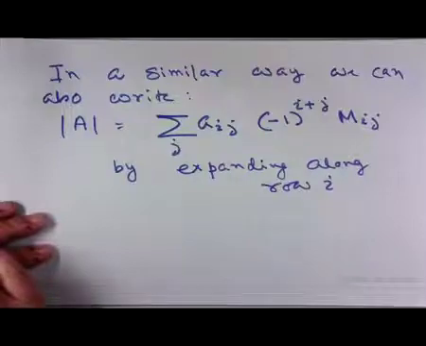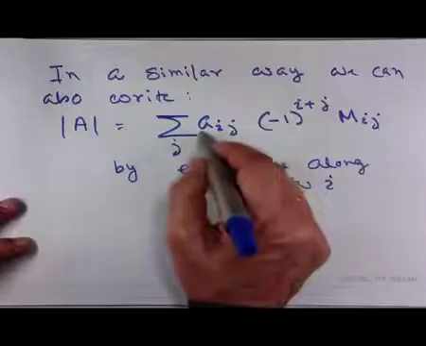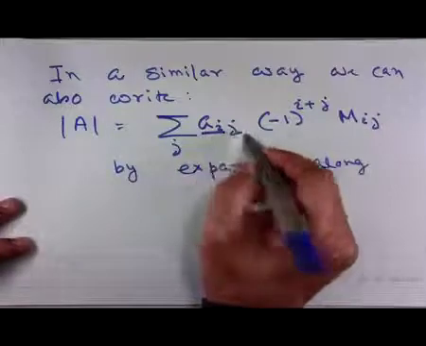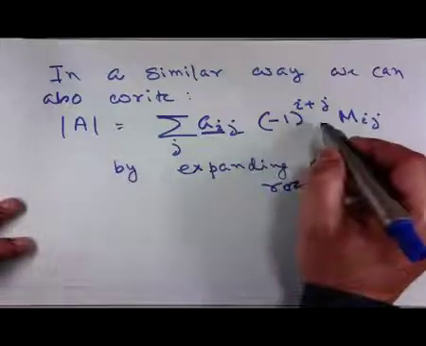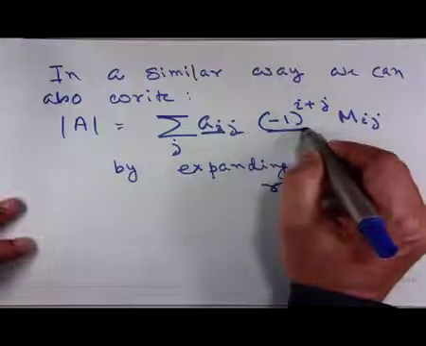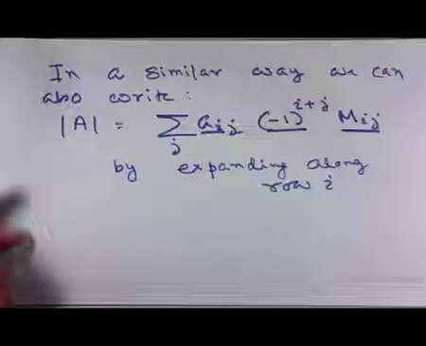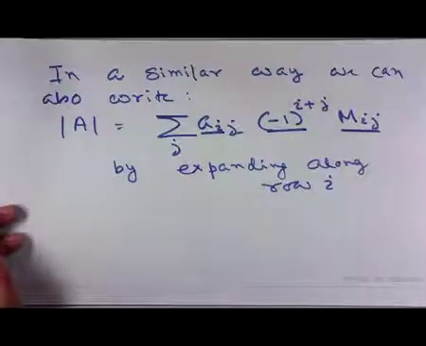Similarly, we can do it by expanding along a column also, but what is important is that the term a_ij is being multiplied by minus 1 to the power i plus j into the determinant of the matrix which we obtain by deleting the ith row and jth column.